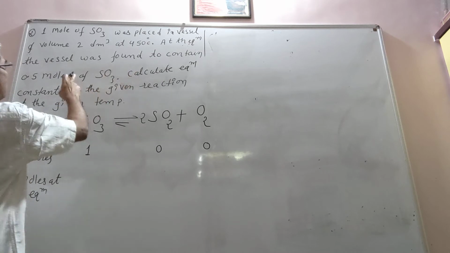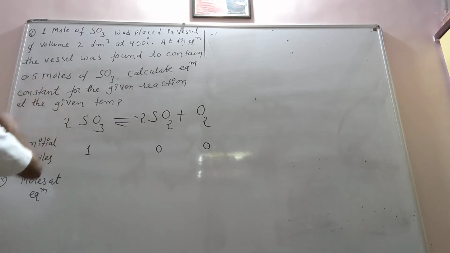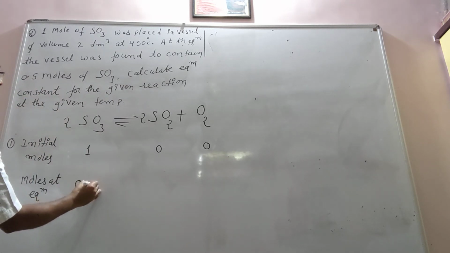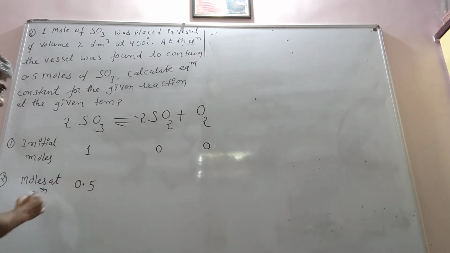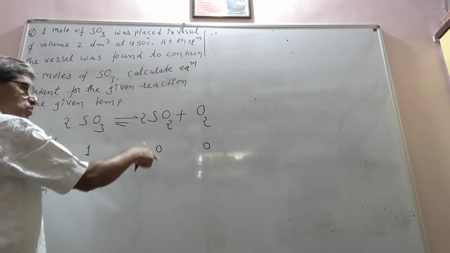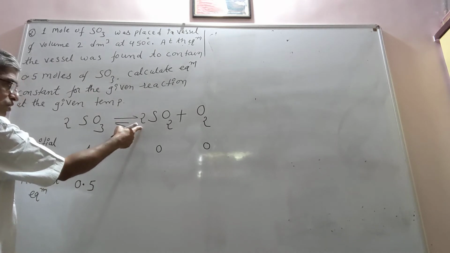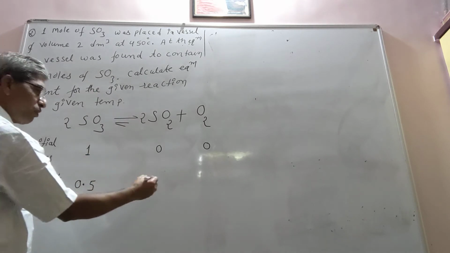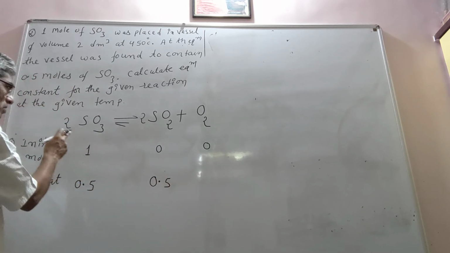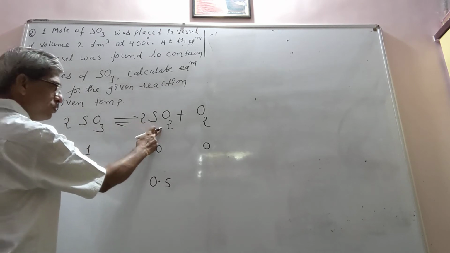Here, at equilibrium, the vessel was found to contain 0.5 moles of SO3, which is directly given. Then how many moles of SO2 are formed? Here the ratio is 2:2, therefore 0.5, the same. Whenever 2 moles of SO3 react, 2 moles of SO2 are formed.